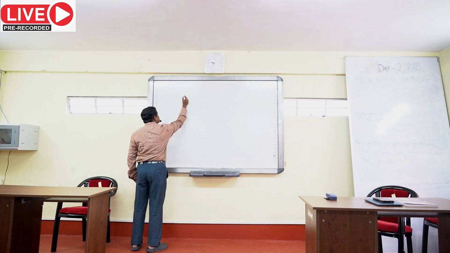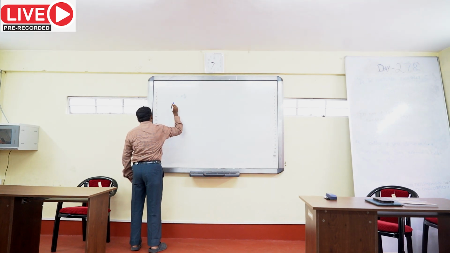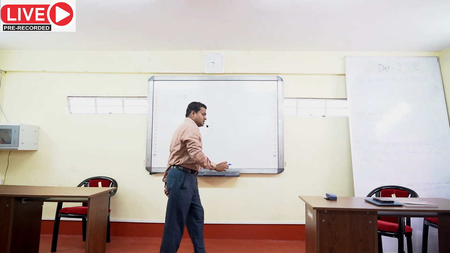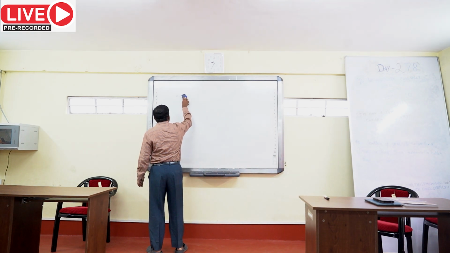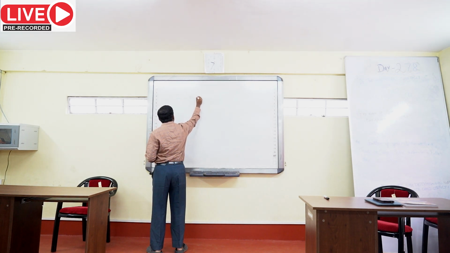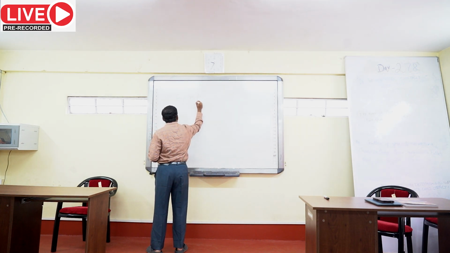F = MA, that is M times a, where a is called the acceleration. F can be written as M dv/dt.